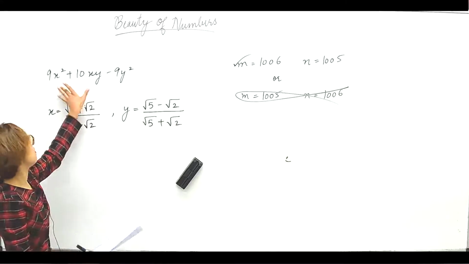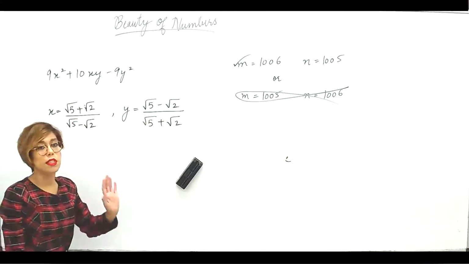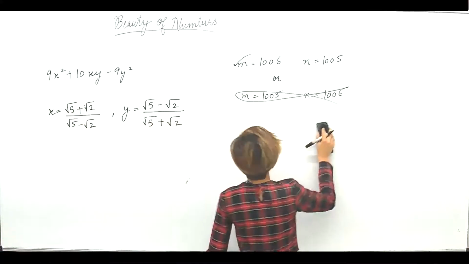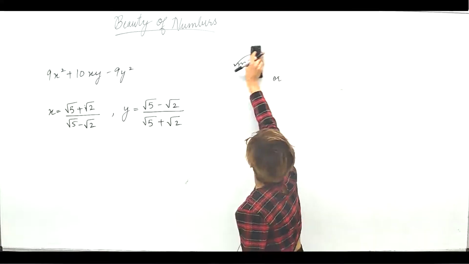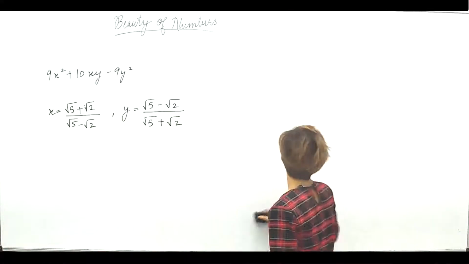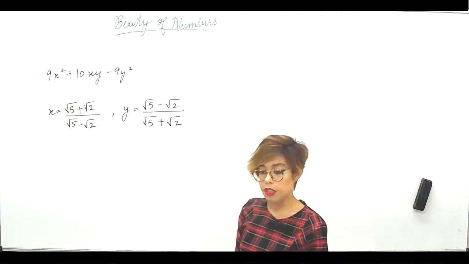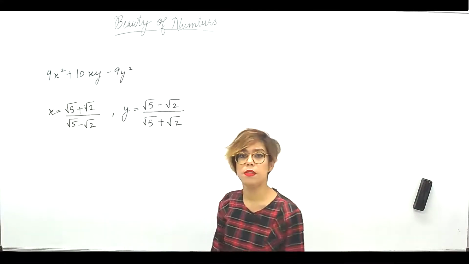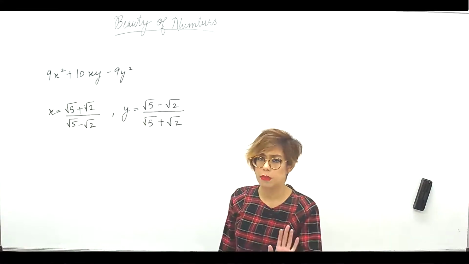Evaluate this expression when x is equal to this, y is equal to this. A direct answer is there if you look at it carefully. Obviously one method is to substitute as it is. So you can do that actually. That will not take much time.